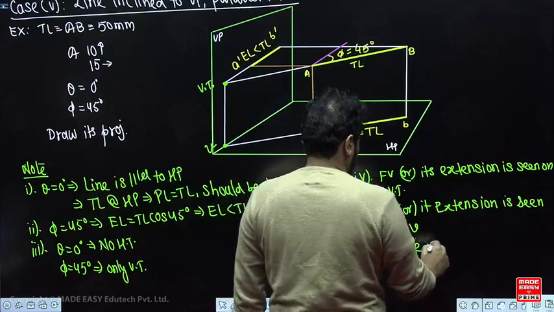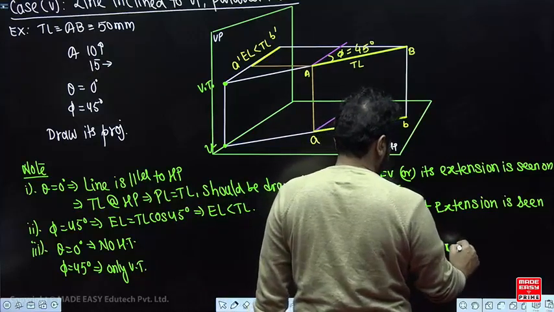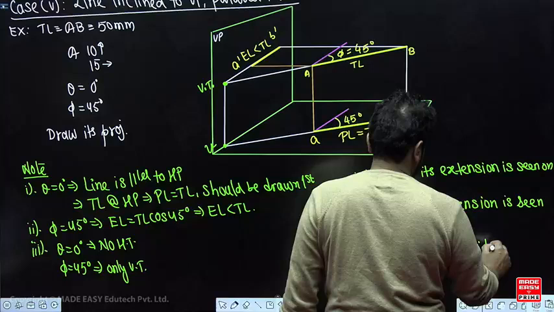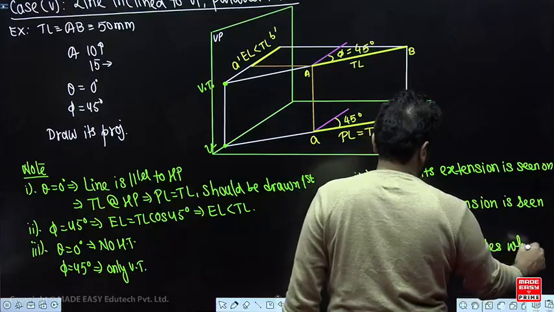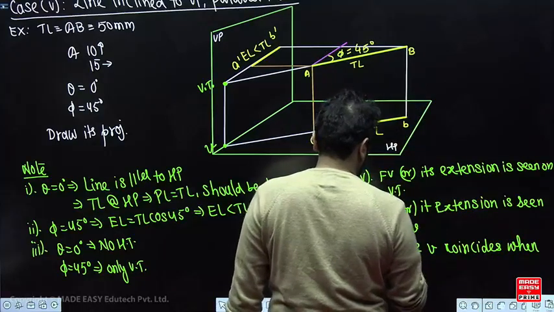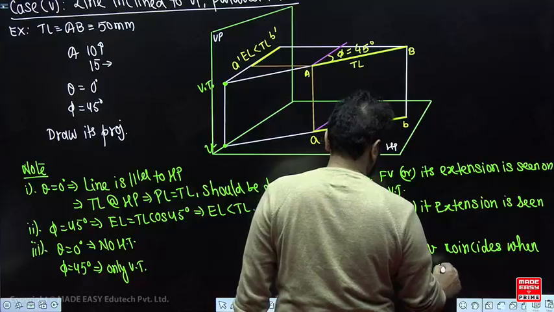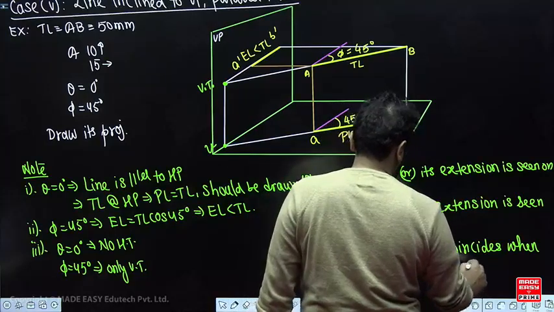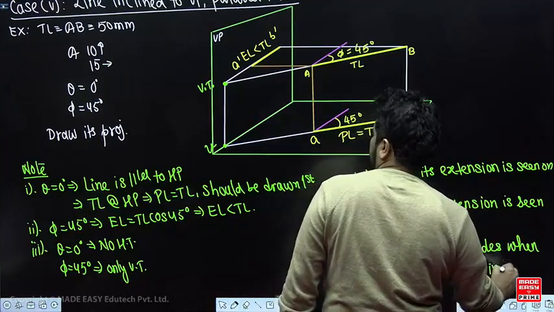VT and small v coincide when the line is contained in HP.